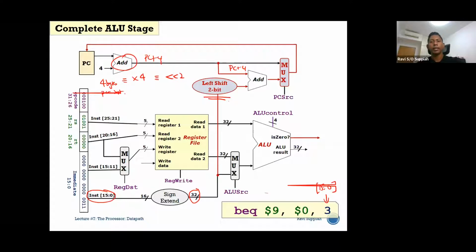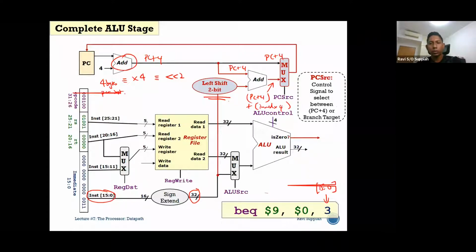This is going to pass through another multiplexer, and this multiplexer has 2 inputs now. One is PC plus 4, and the other is PC plus 4 plus your immediate times 4.